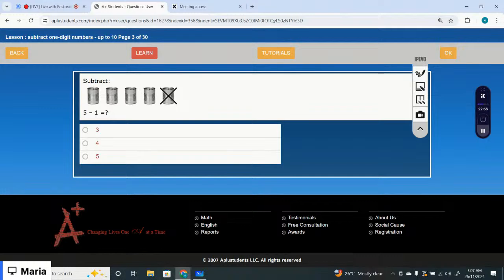You need to count the ones that are not crossed out. So which is the correct option? That is 5 take away 1 is 4. So the correct option is 4. 4 of them are not crossed out. So the correct option is 4.